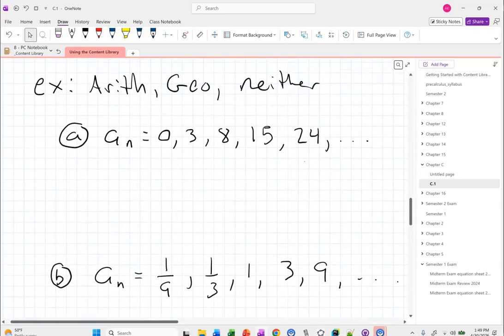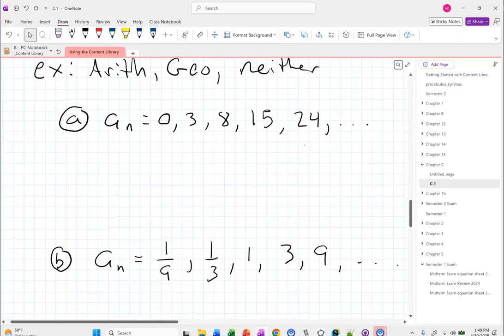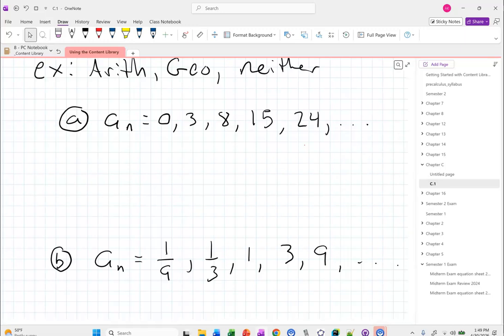Again, the question here is arithmetic, geometric, or neither? What do you guys think? Here's the sequence: 0, 3, 8, 15, 24. Well, let's try. If it's arithmetic, I can stop right there, right?